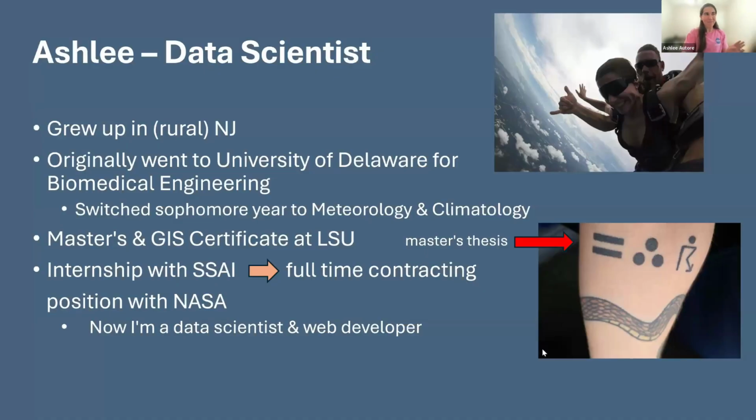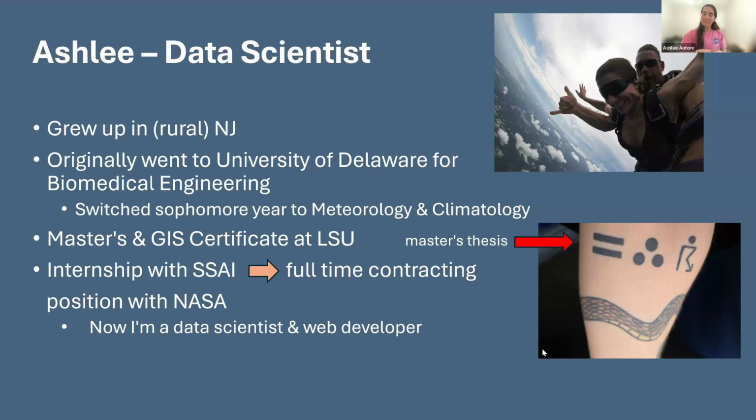First I'll introduce myself. I'm Ashley. As Marilé already said, I am a data scientist helping out with the Globe Clouds team, assessing, analyzing, and researching the data that you all submit through Globe Observer. I grew up in rural New Jersey, and I originally went to school for biomedical engineering, thought I was going a different path from where I ended up.